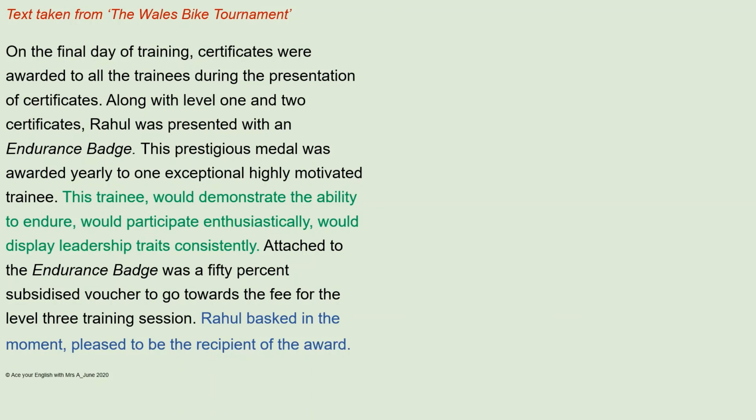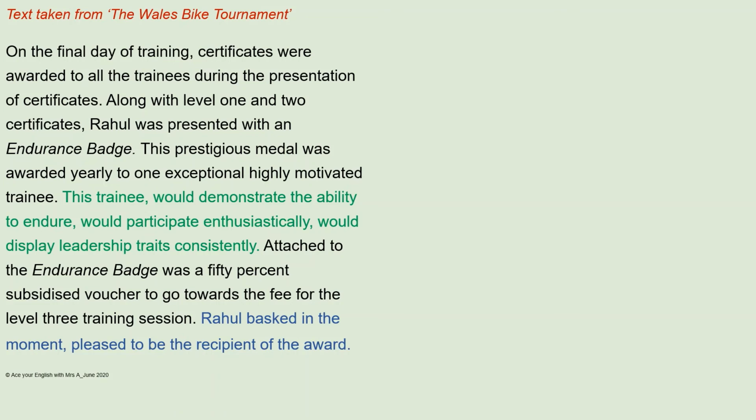So the green here: this trainee would demonstrate the ability to endure, would participate enthusiastically, would display leadership traits consistently. What have you noticed there? Or what should be there that you didn't notice? Has that helped you to work out what it could be?